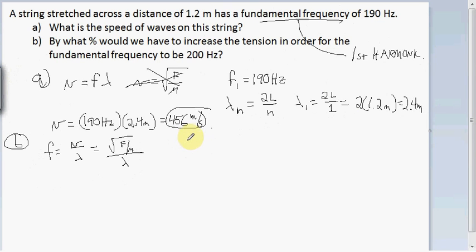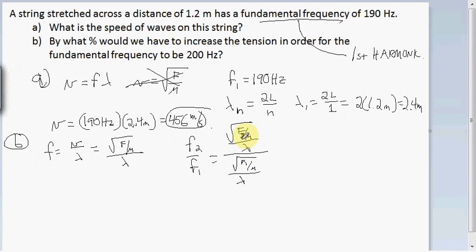So f2 over f1 equals the square root of F2 over mu divided by lambda, divided by the square root of F1 over mu divided by lambda.